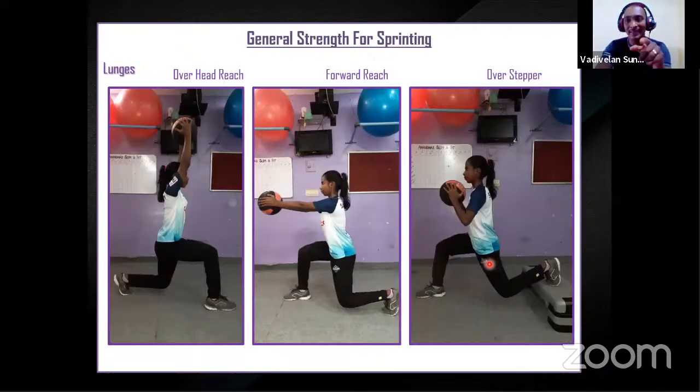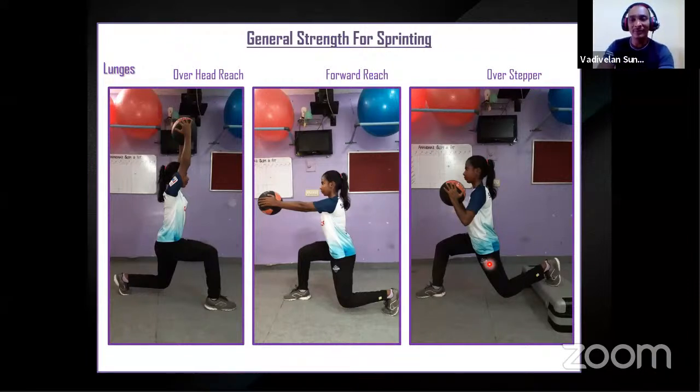So these are all in the general strength, how you train a squat. The next exercise we can take is lunges, how you train lunges in the general strength. You can do overhead reach lunges, forward reach, and the stepper. Usually lunges are done without weight initially, as I told you in the squat, with your own body weight.